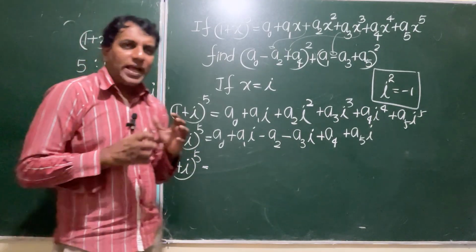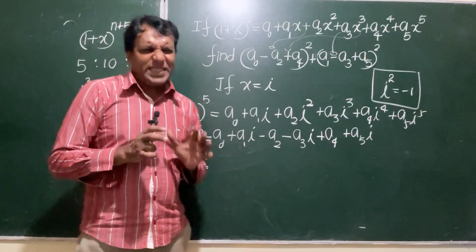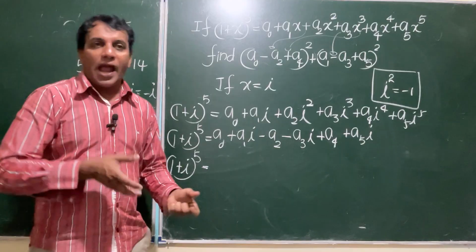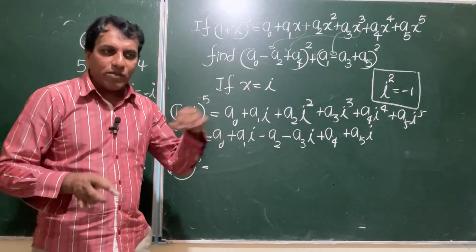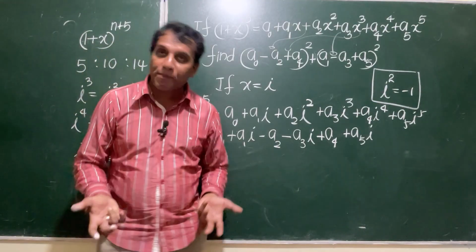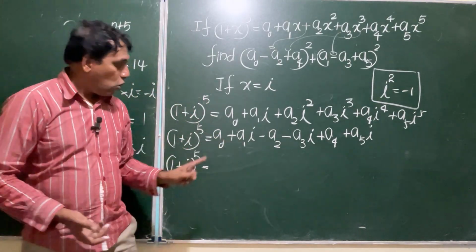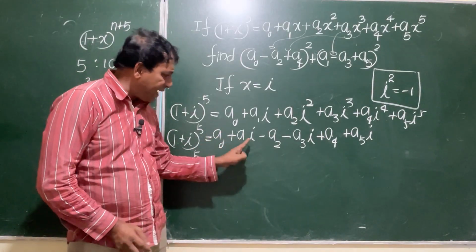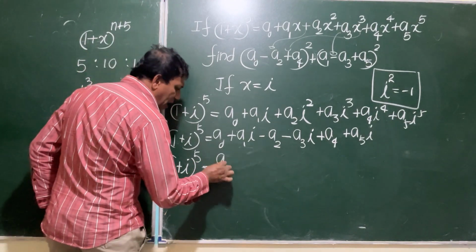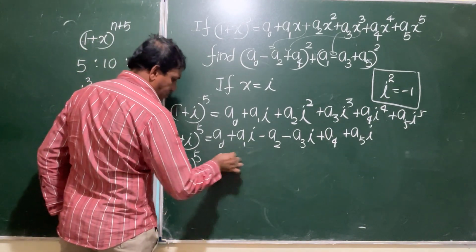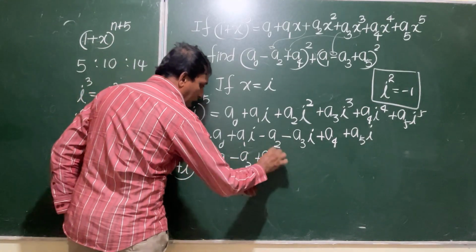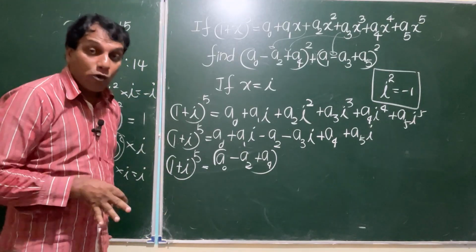Now this looks like a complex number, right? What is a complex number? Basically, a number written with a real part and an imaginary part is known as a complex number: the terms with I and the terms without I. So can I rearrange all the real numbers: a naught minus a2 plus a4, completely real, without I parts.